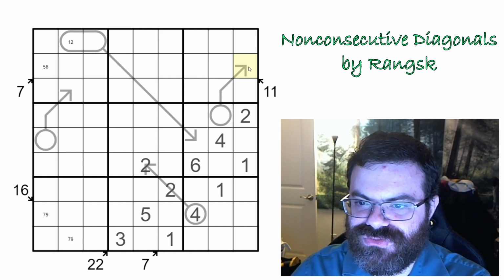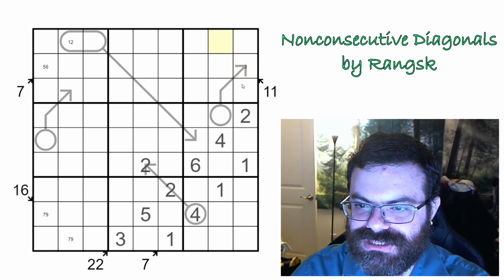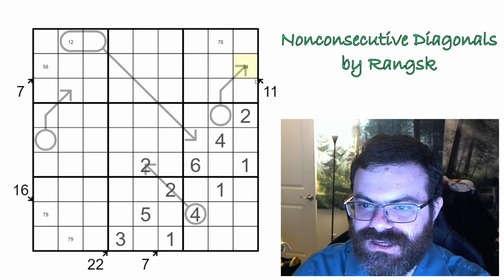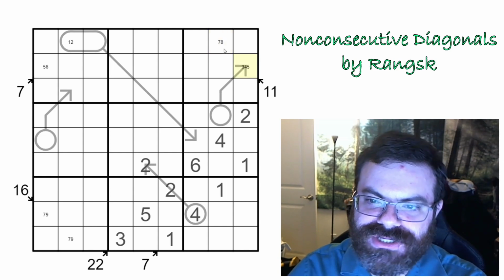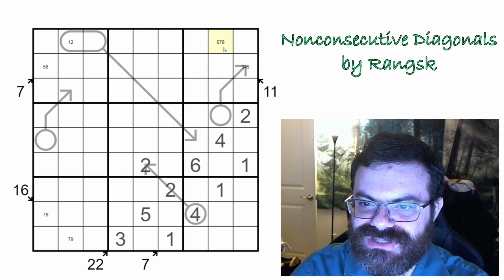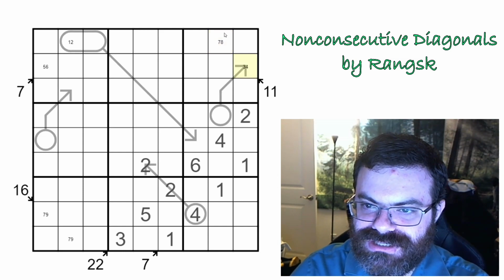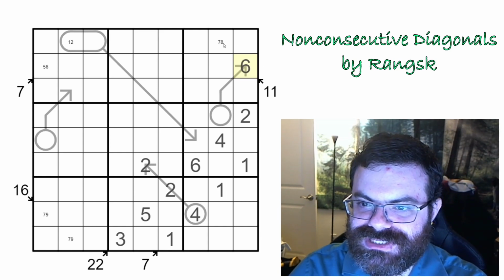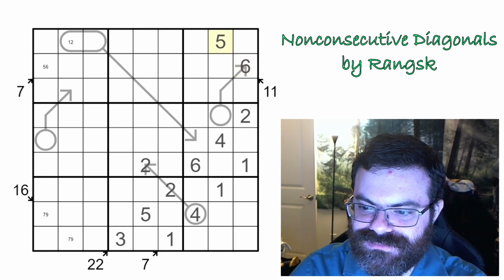So it's going to be 3 plus 8, or 4 plus 7. It normally could be 5 plus 6, but 5 and 6 would be consecutive, so we can't be 5, 6. Similarly, we can't be 6, 5.